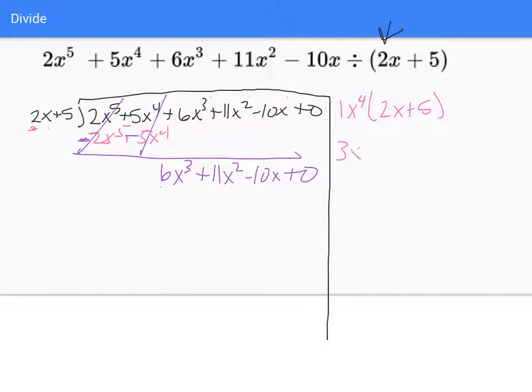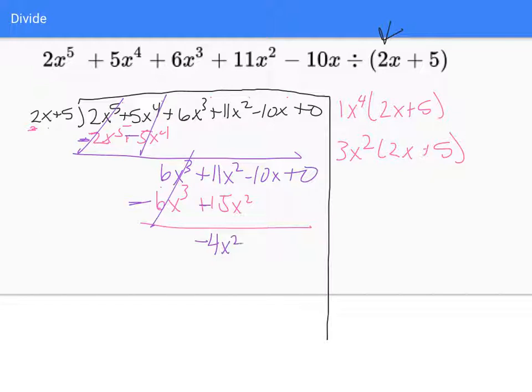I have 1x, but I need total of 3, so that'd be x squared. Again, you're matching your leading numbers. If you're unsure where I'm getting this or the steps, you should make sure to watch the videos or go back to the white sheet of paper they've given you. Switch your sign. Cancel. This becomes negative 4x squared minus 10x plus 0. Again, I might not need that 0.